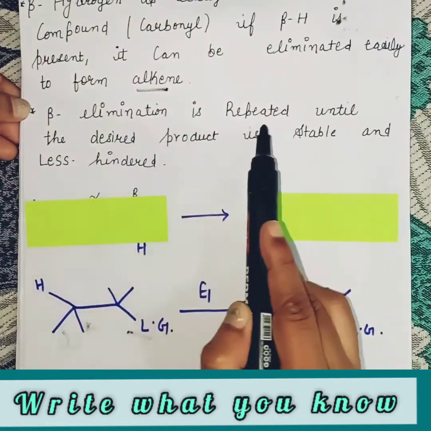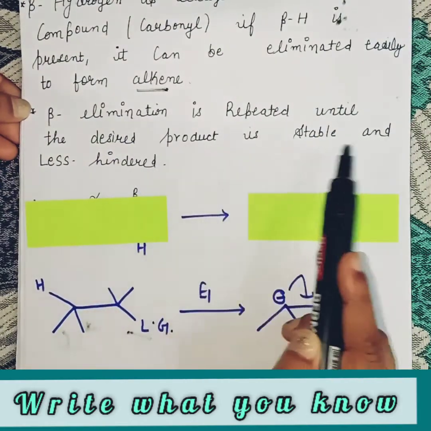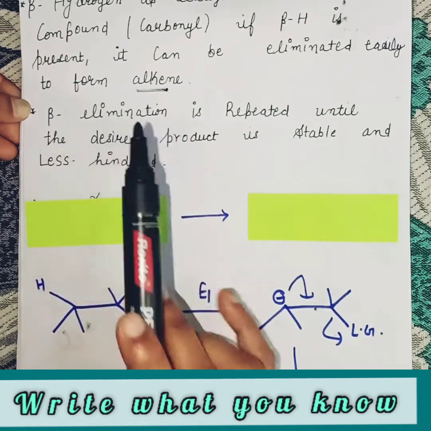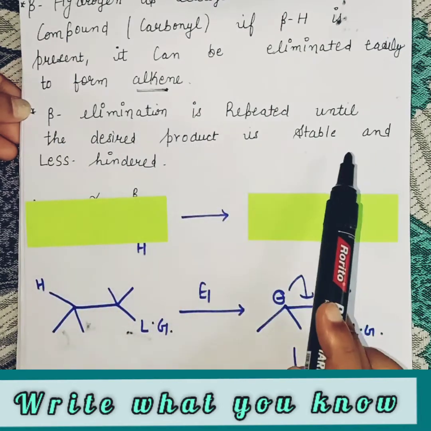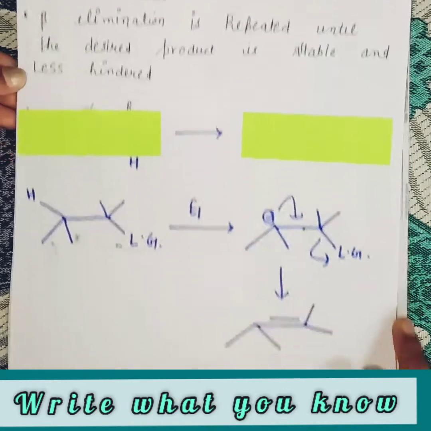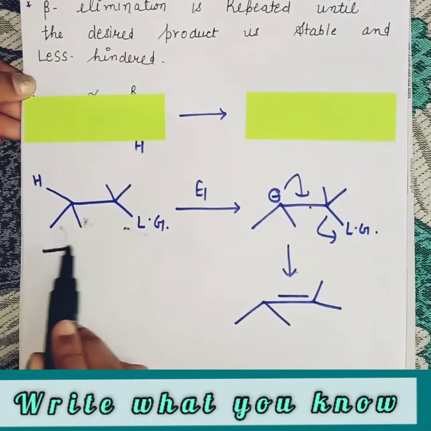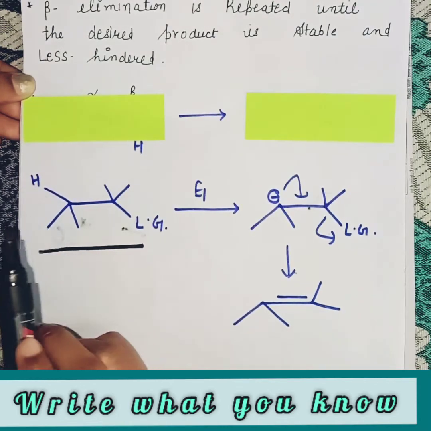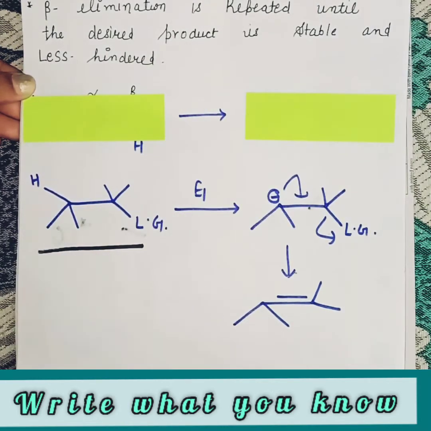Beta elimination is repeated until the desired product is stable and less hindered. So this process is repeated until our product is stable or less hindered. This is the compound, and here this is beta hydrogen. So we have to remove this beta hydrogen due to the instability of this compound.